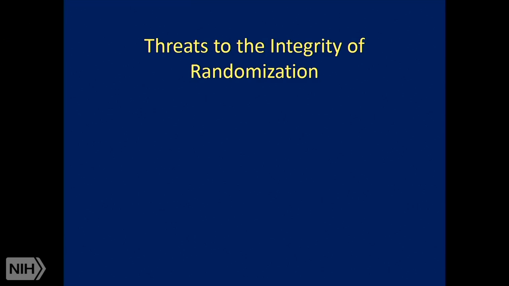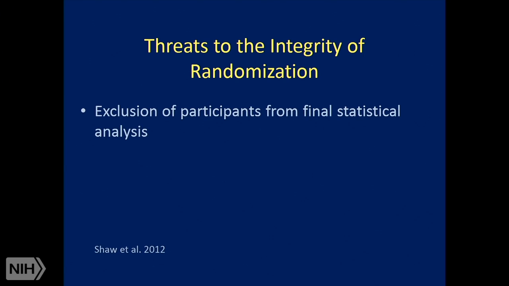Okay, so miscellaneous points. Threats to the integrity of randomization. What threatens the integrity of randomization? So you do randomization, you think you're all fine. Well, unless you start excluding participants from final statistical analysis. You say, oh, well, those didn't take the medication, I'm going to exclude them.